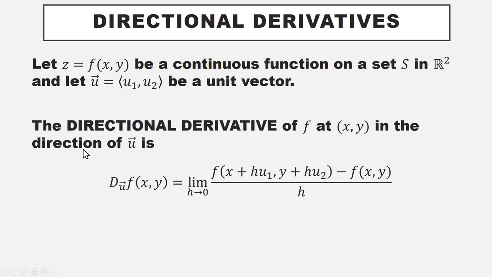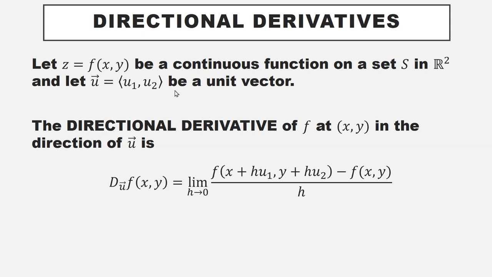Now, what does a directional derivative do? It says, well, what if my y and my x are both changing? And what if specifically they are changing in a specific direction, in the direction of, let's say, a unit vector in R2?